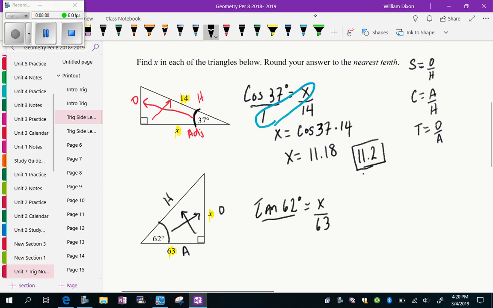Okay, once again, you can put the 1 down if you like. We know at this point in time what we're going to do is we're going to cross multiply. So I'm going to have X equals the tangent of 62 degrees times 63. All right, back to my calculator.